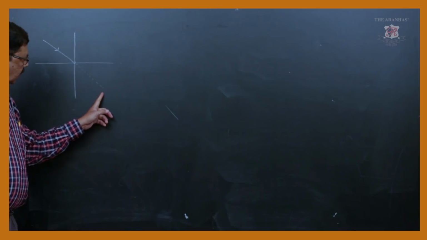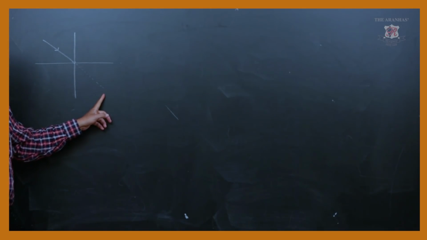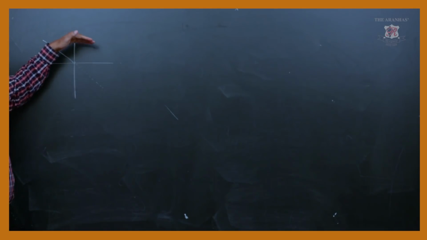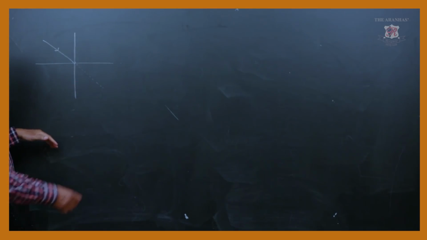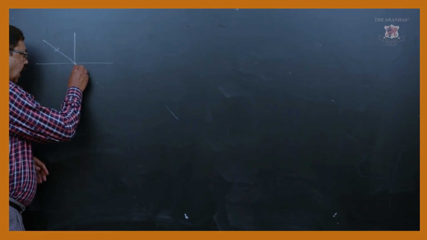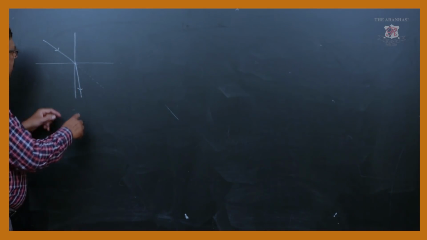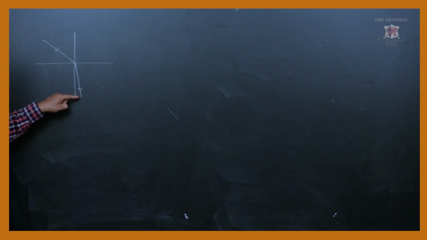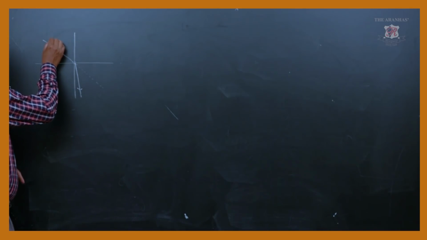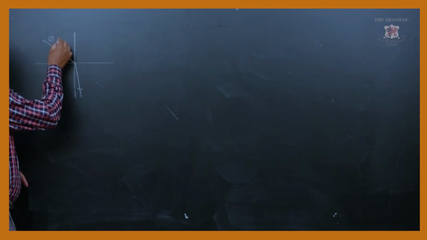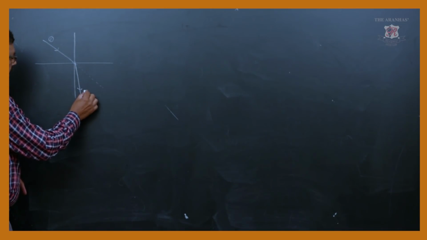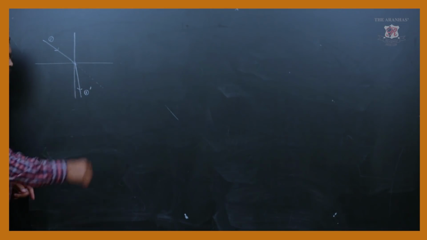So, if we assume it to travel along a straight line, what happens when the medium changes? The ray of light either bends towards the normal. This is the case when this is rarer medium, this is a denser medium. So, I am labeling this as ray number 1, which will travel along ray number 1 dash.